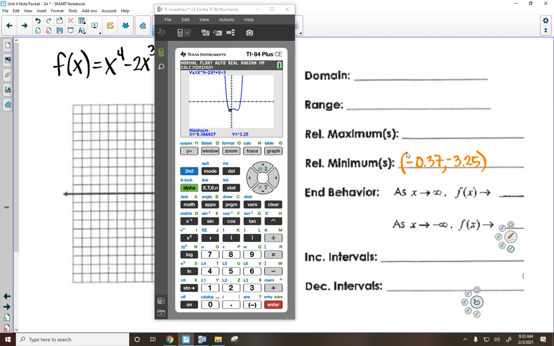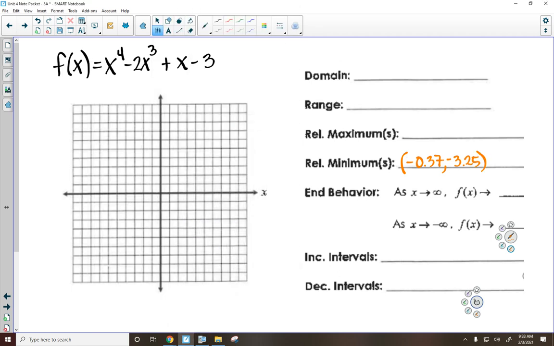I'm going to go ahead and graph that as well right now, just so that that piece of it is done. Kind of ishy numbers, right? So I'm going to place this as best I can on this little system. You do the same. So negative 0.37 and negative 3.25 is approximately right here in that orange point.